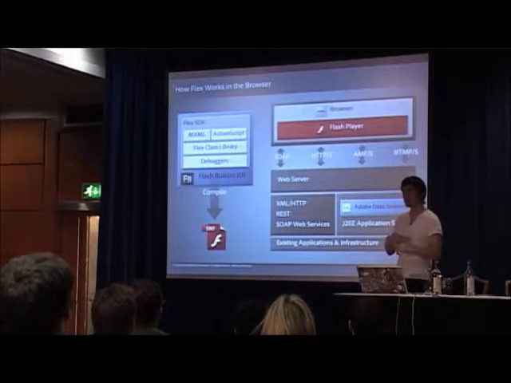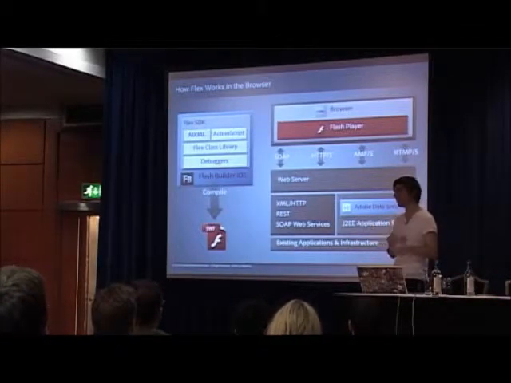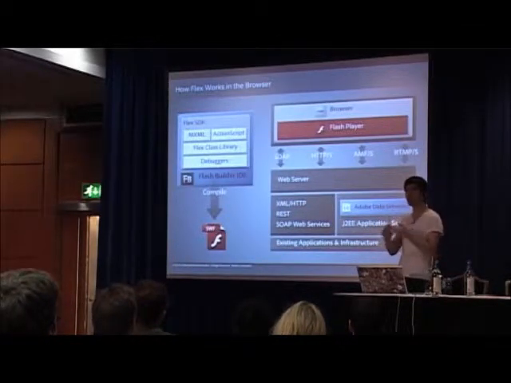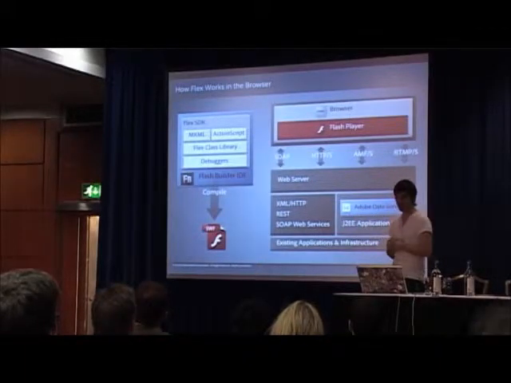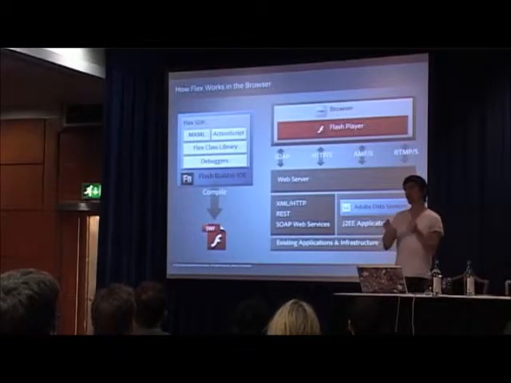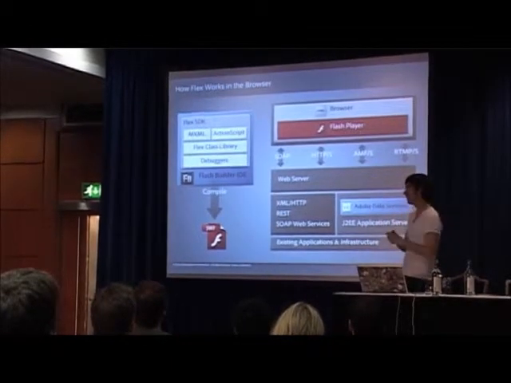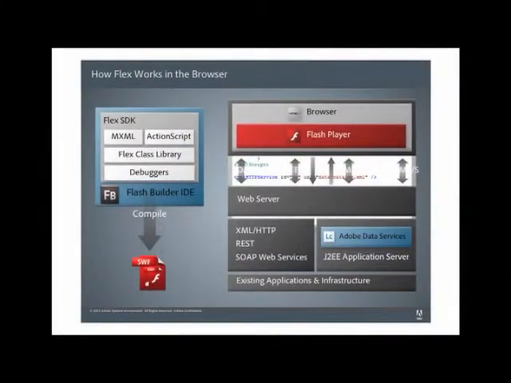And the Flash player is installed on 90% of the desktop computers, Windows, Mac, and Linux. So you can really easily deploy your application, and then you can use very classic ways to interact between the client and the server, using HTTP requests, using SOAP web services, or you can also use the open source Java libraries called data services.